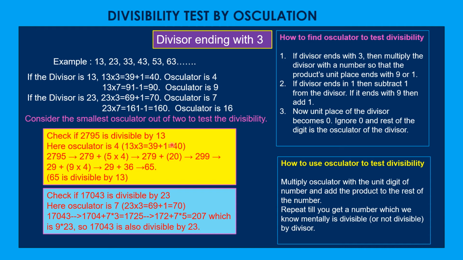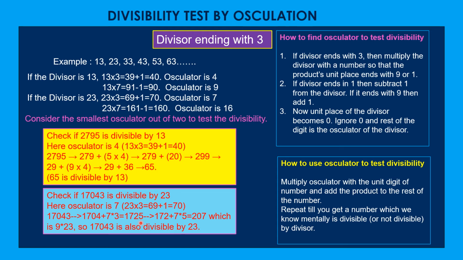Let us take another example. Check if 17,043 is divisible by 23. So here the oscillator is 7 for your divisor 23. So multiply your oscillator 7 with the unit digit 3. So you get 7 times 3 is 21. 21 plus the rest of the digits, that is 1704, and you got here 1725.